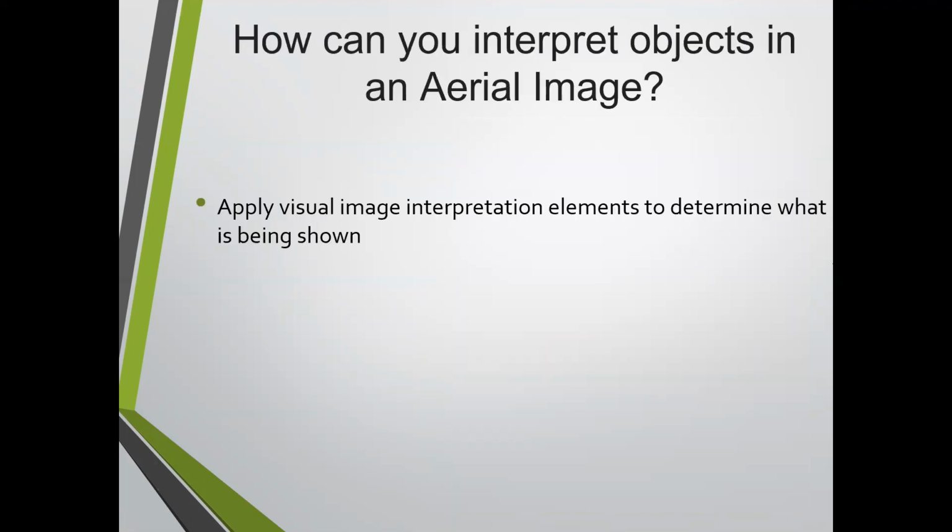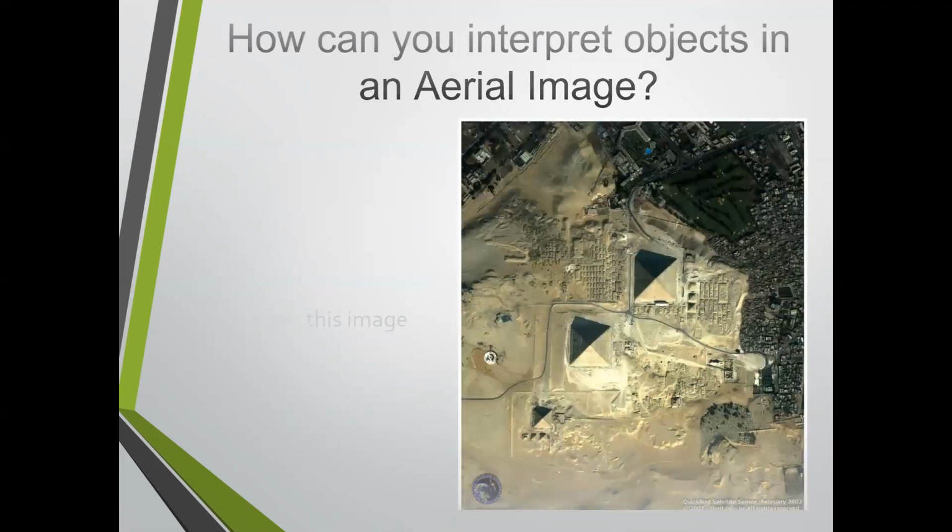If you apply those interpretation elements to that, let's see what's being shown. There's a pattern there, and we see that there are three main objects that are arranged in a definite pattern. So we go back and look at that. Here are your three main objects, one here, and one here. And they are in some kind of pattern, not necessarily a really highly defined pattern.